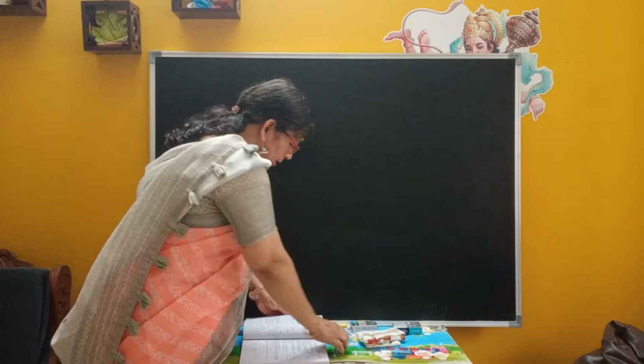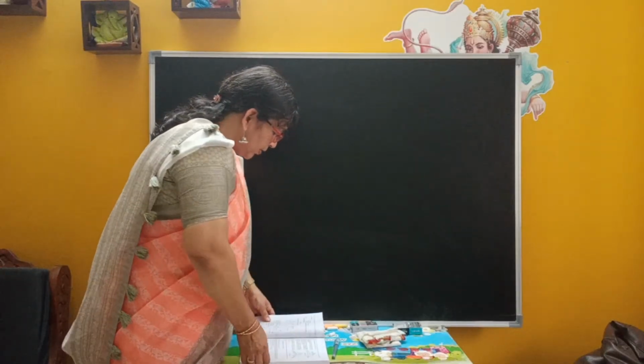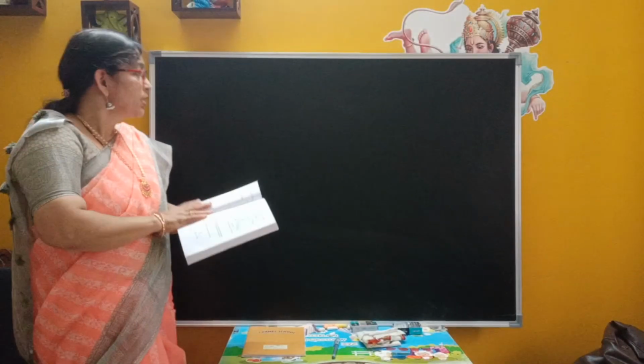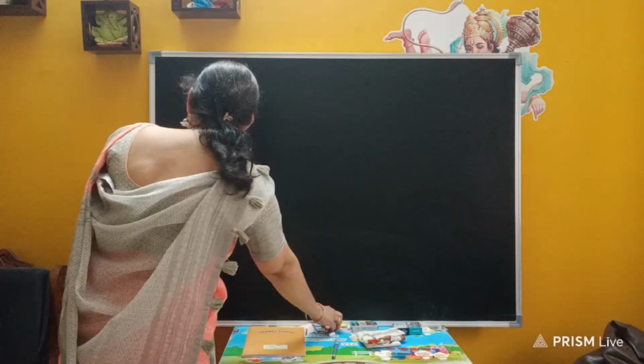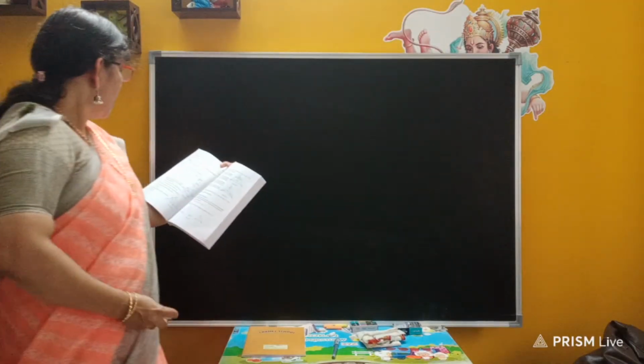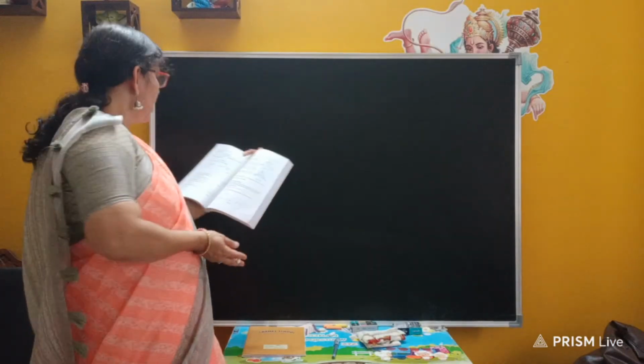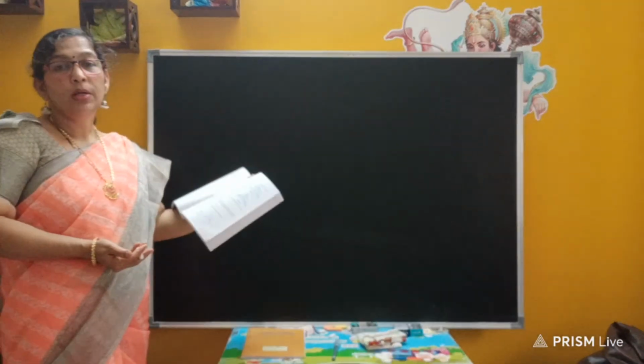Now let us start with the first problem in exercise 6.2. Here some figures are given, two figures, that is figure 6.17, and let me solve one of the problems in this.